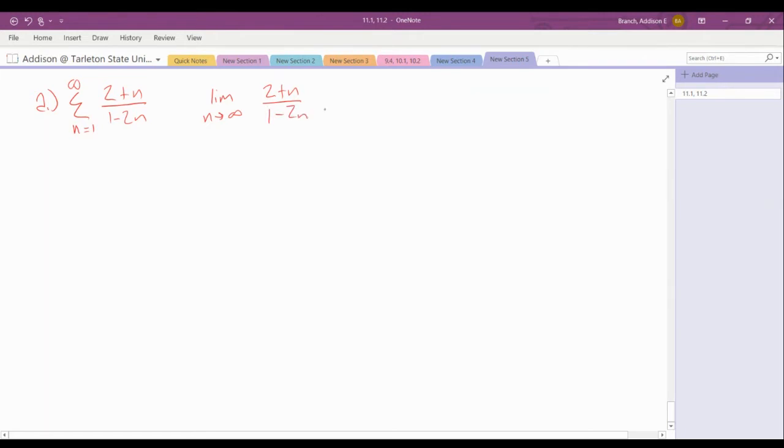So 1 minus 2n, infinity over infinity. Using L'Hopital's, we can get 1 over negative 2. So we get negative 1/2, and since that is not equal to 0, this one is just going to be divergent.